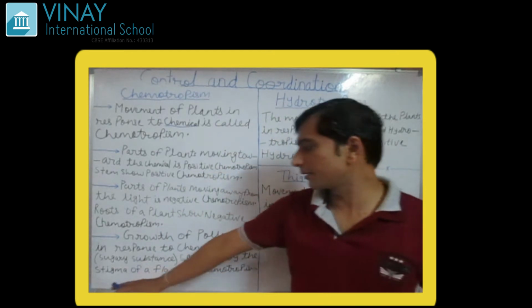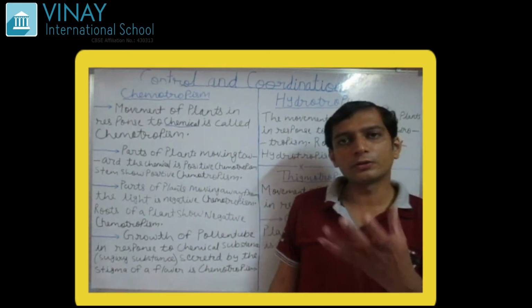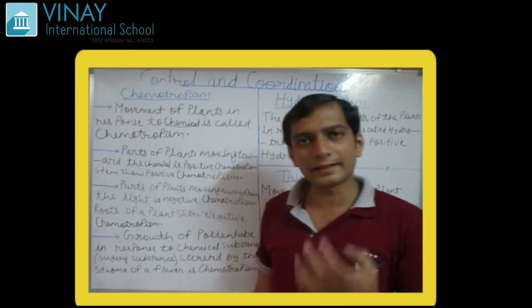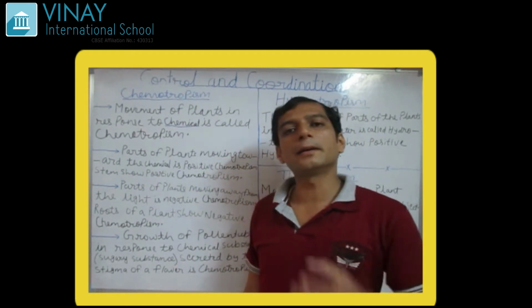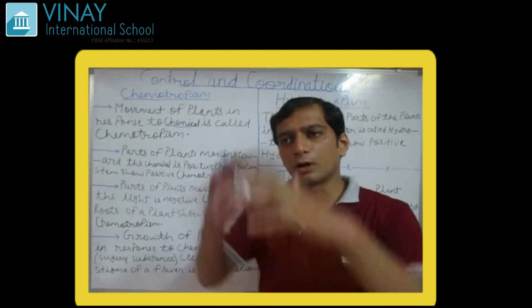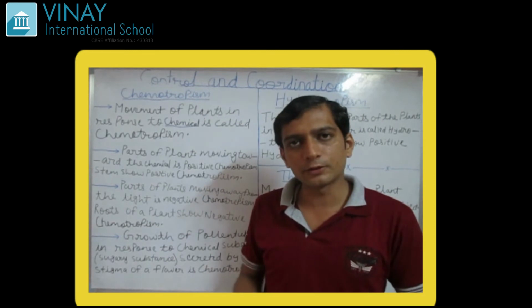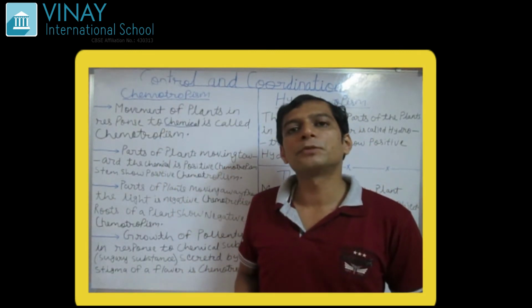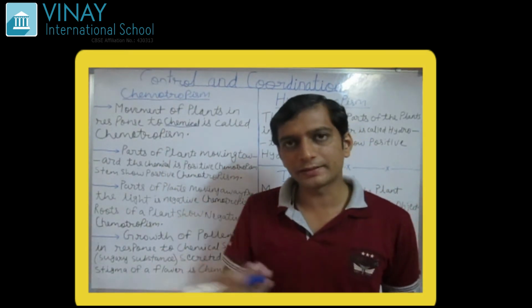Since the stigma is secreting chemicals, it is attracting the pollen grains, and because of this the pollen grains form a tube, which is known as a pollen tube, towards the stigma so as to reach the stigma.